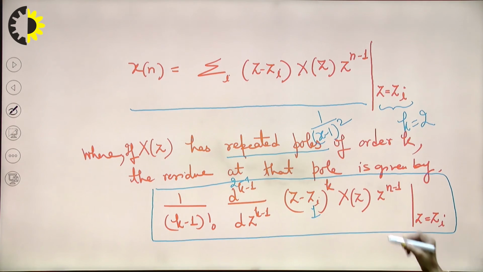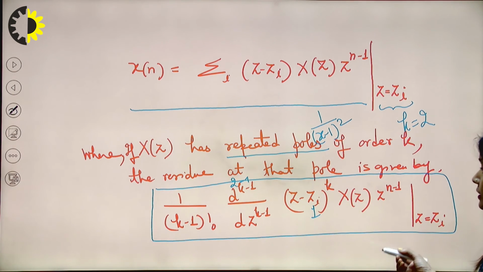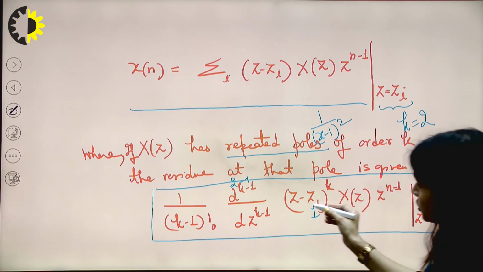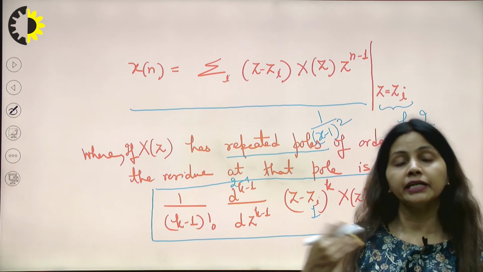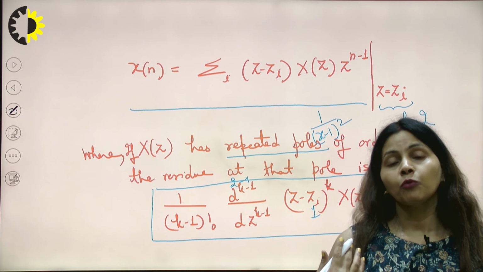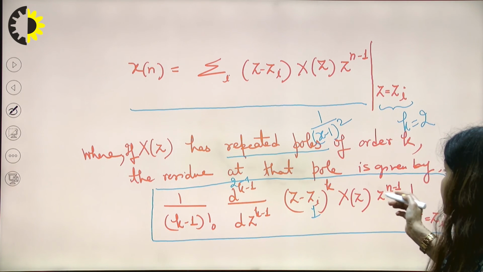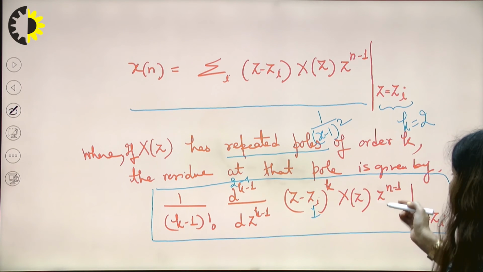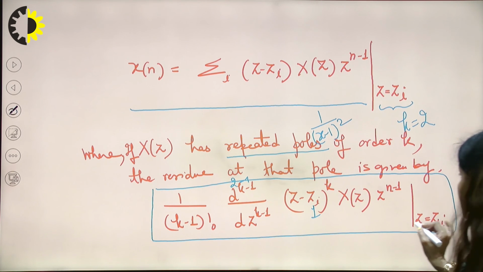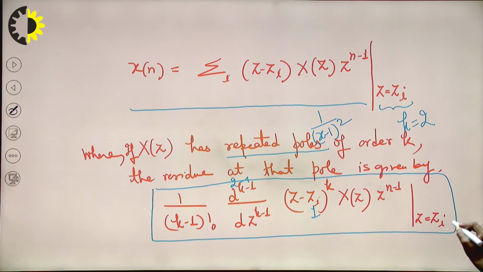We write X(z) in the same form. We differentiate as many times as the pole is repeating. We write z^(n-1), and then evaluate at z equal to zi.